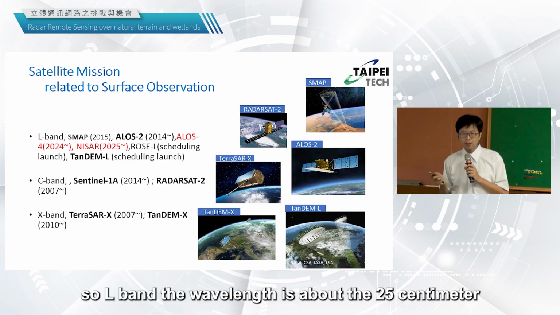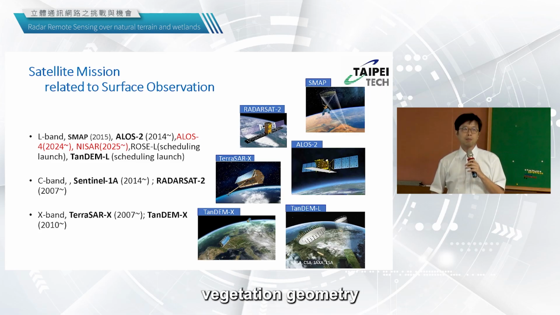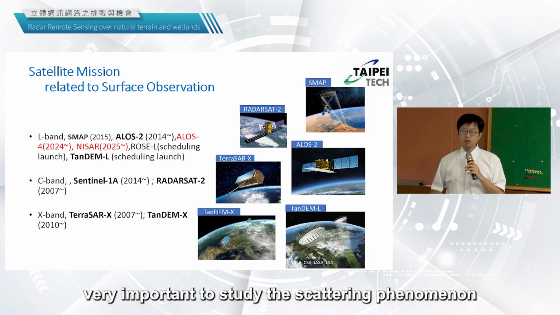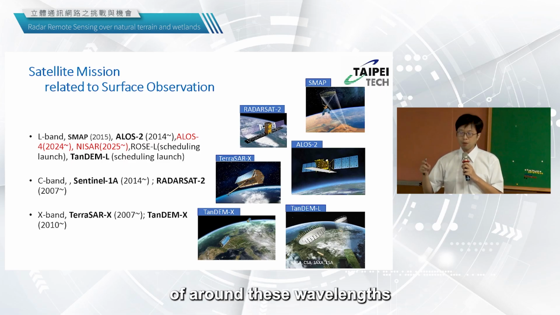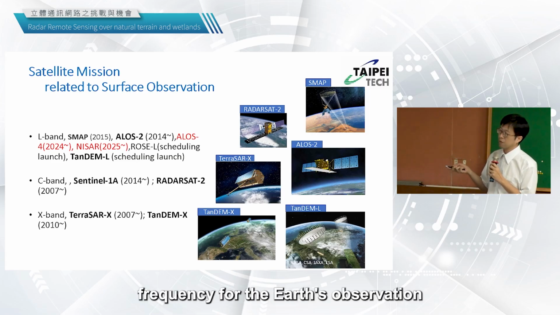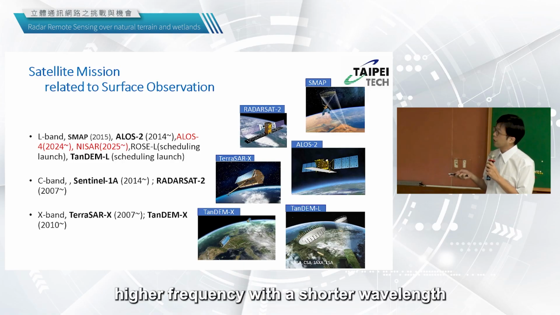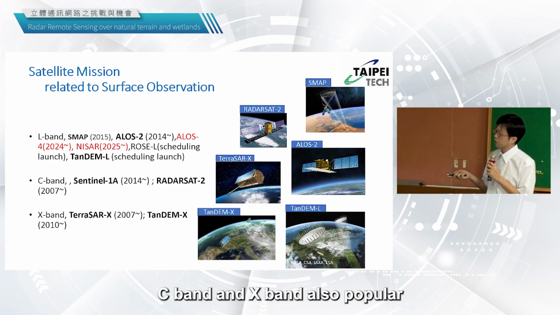L-band has a wavelength of about 25 centimeters, which is around the size of the vegetation geometry. So it's very important to study the scattering phenomenon around this wavelength. That's a very popular frequency for Earth observation. Going to higher frequencies with shorter wavelengths, C-band and X-band are also popular.